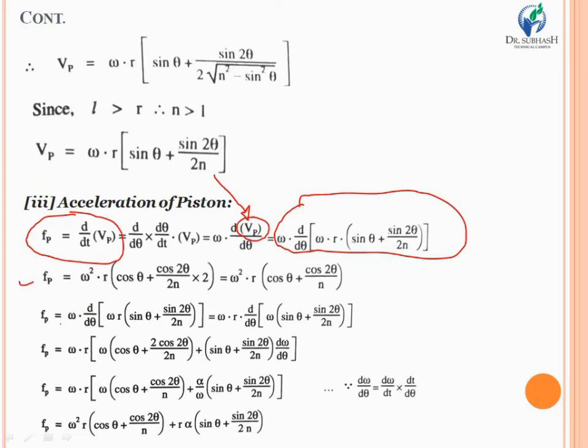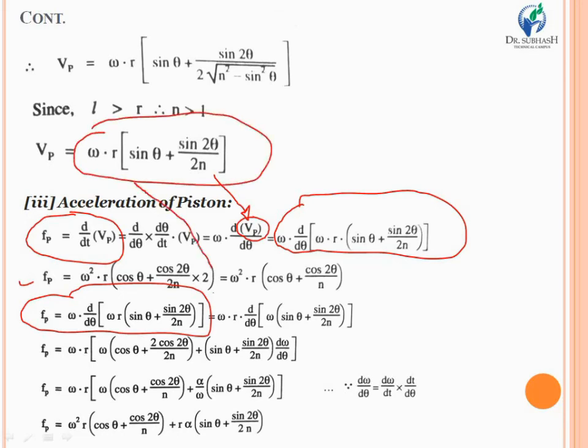Now after that, if you still wish to modify or simplify the relation, then the acceleration will become omega into d by d theta of (omega r into sin theta plus sin 2 theta upon 2n). In that particular relation, the value of Vp is substituted over here, and by simplifying the equation you get omega into r, d upon d theta of (omega times (sin theta plus sin 2 theta upon 2n)).